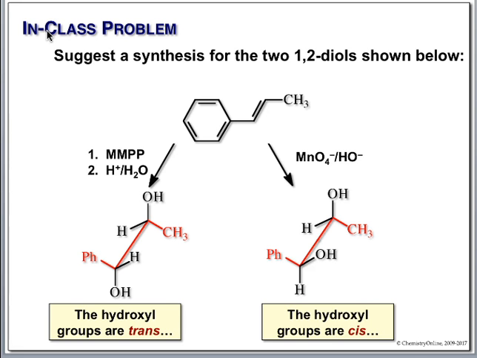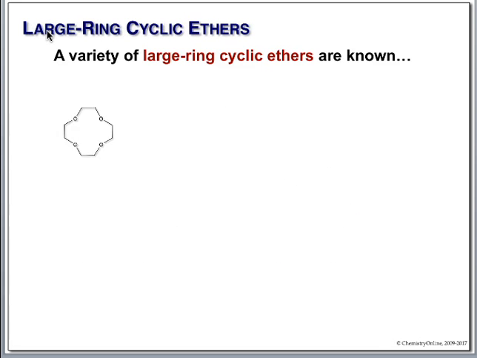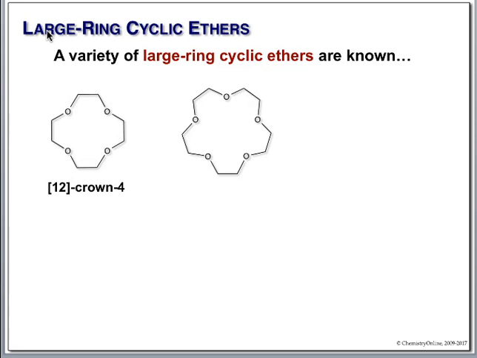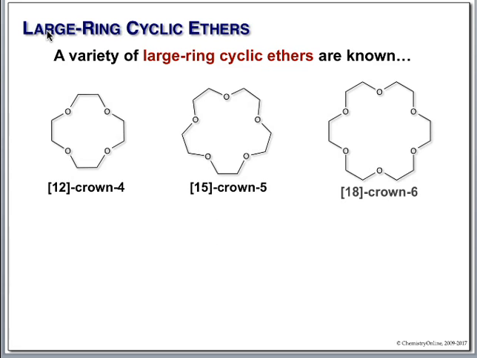So, aside from your basic epoxide nucleophile questions, that's really what you need to know. But there is one other really neat thing about ethers, and this has to do with what are known as cyclic ethers. Turns out you can fairly easily make large ring cyclic ethers.